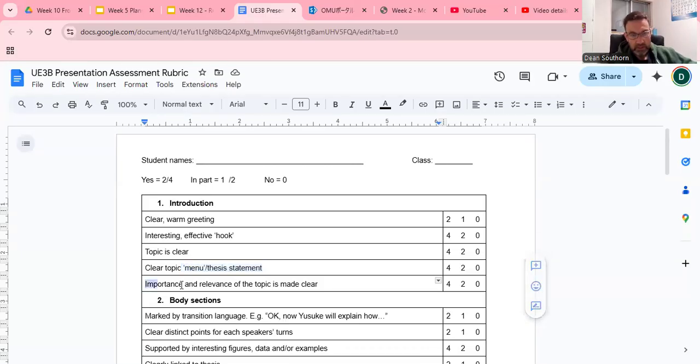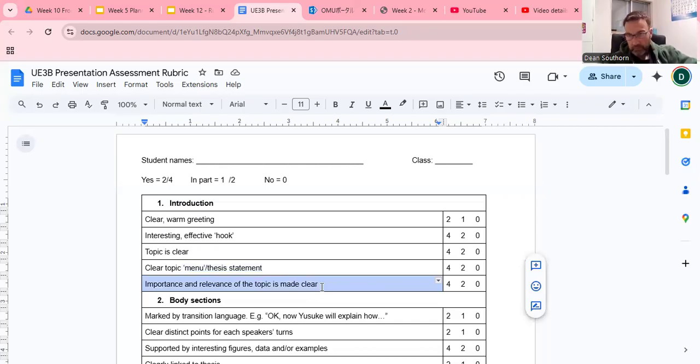And finally, the importance of the problem is made clear, maybe through data or some kind of asking the audience to imagine a situation. If you're dealing with the safety in AI cars, for example, imagine a situation where... okay, and that will bring you maximum points if you do that.